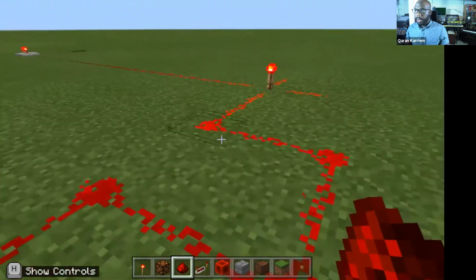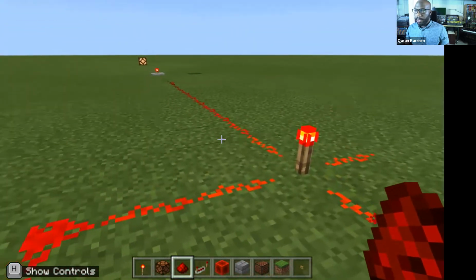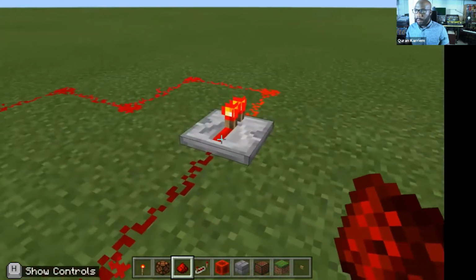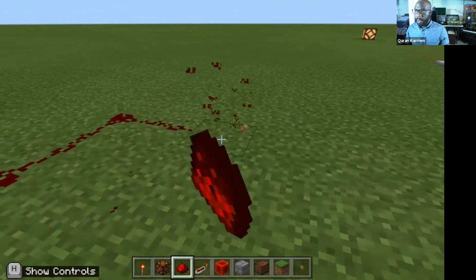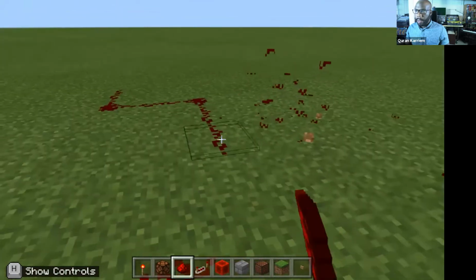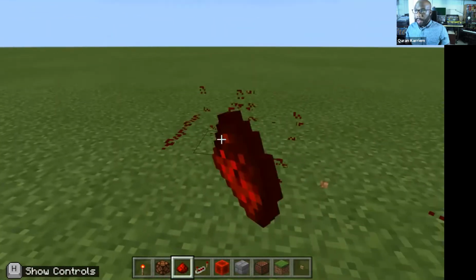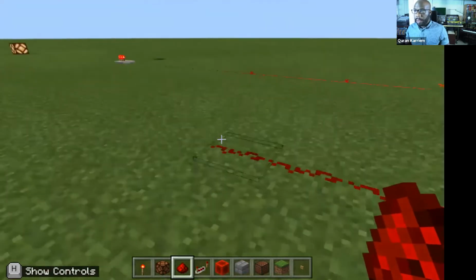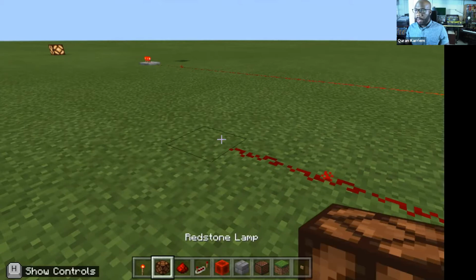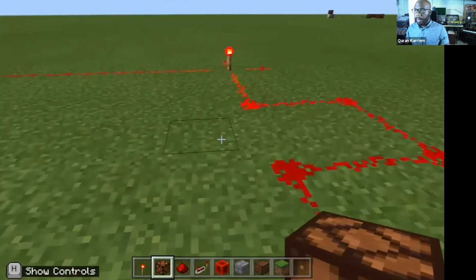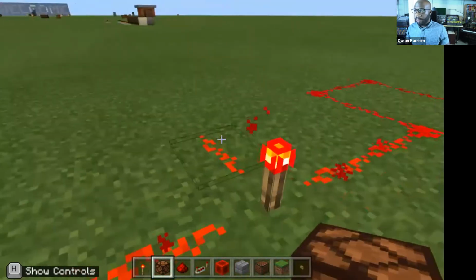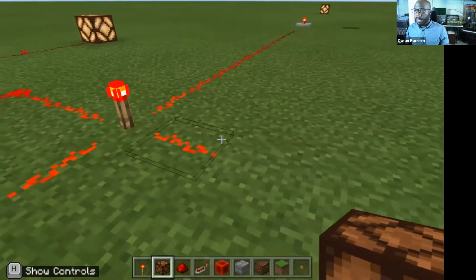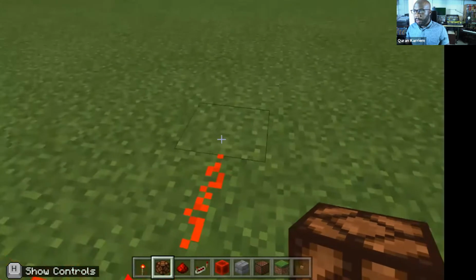Another thing I want to look at, what I'm going to do is just take this apart. And I'm going to put a lamp here. And I'm going to put, let's say, 2 repeaters here.